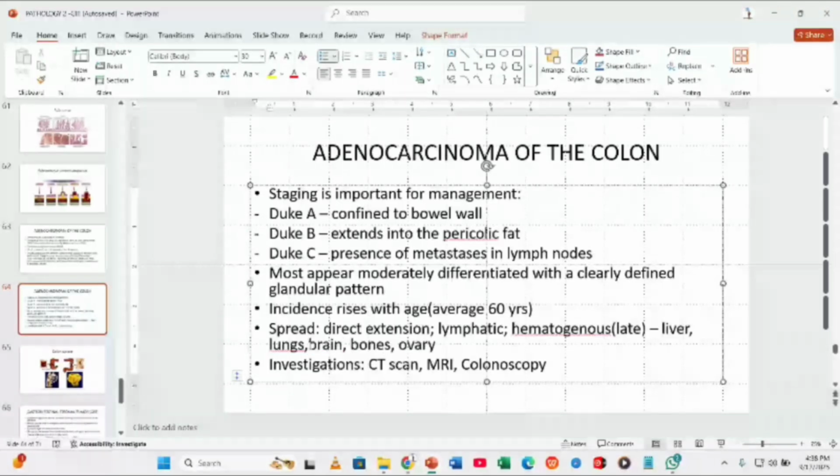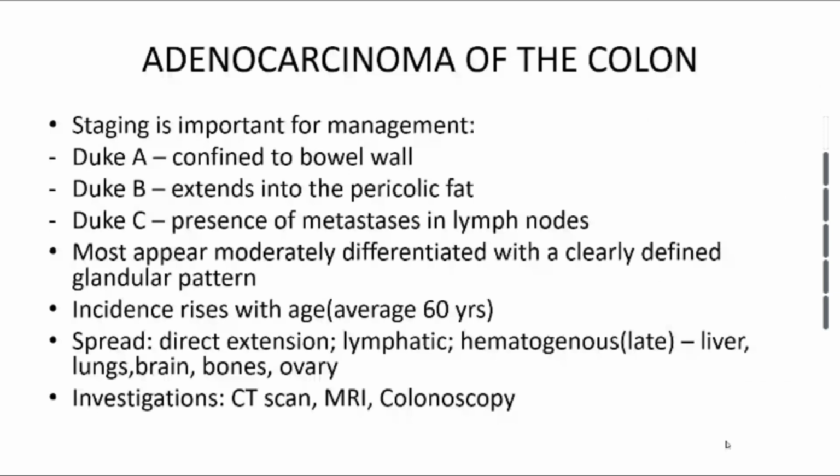And of course, there are a lot of investigations that you can do, including CT scan of the abdomen, MRI of the abdomen. You can do colonoscopy, and during colonoscopy, you can get a biopsy for histopathology to be able to confirm it. Remember, for cancers, you always have to do tissue diagnosis.